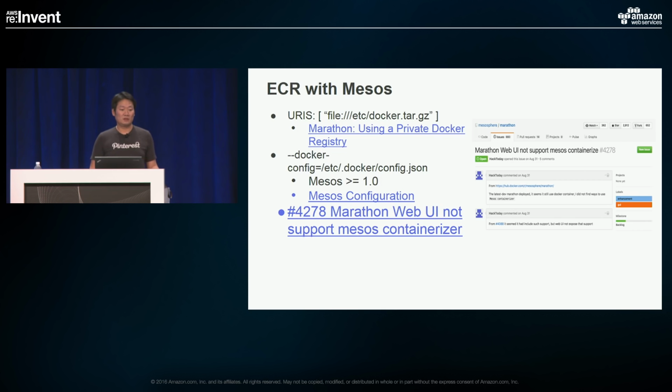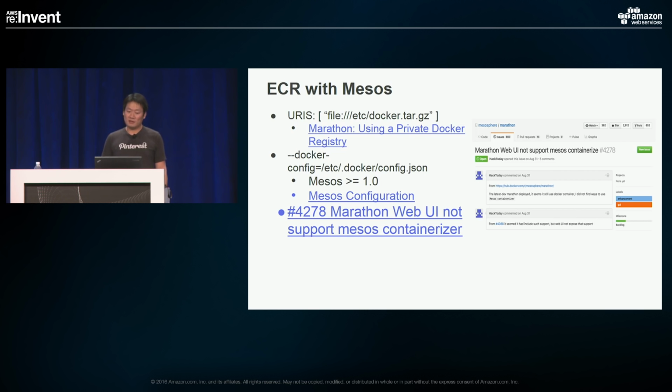In that way, Marathon and Mesos can talk to the private ECR very well. Since Mesos version 1.0, we have the docker-config option, which, when configured on each Mesos agent, means you don't need to specify the URIs parameter for each task.